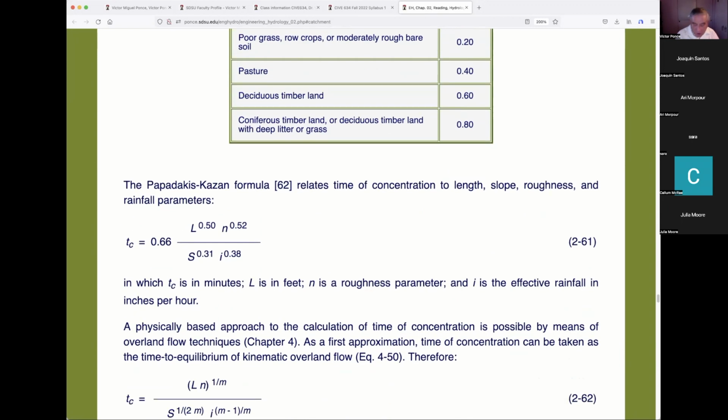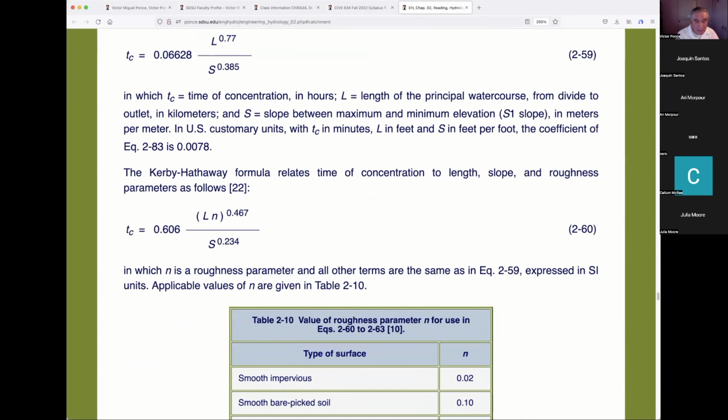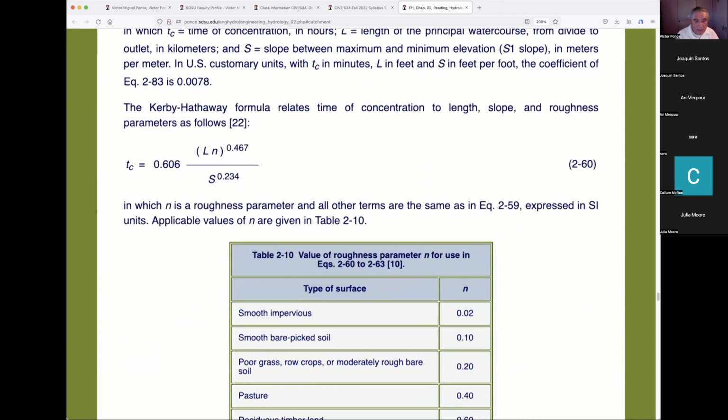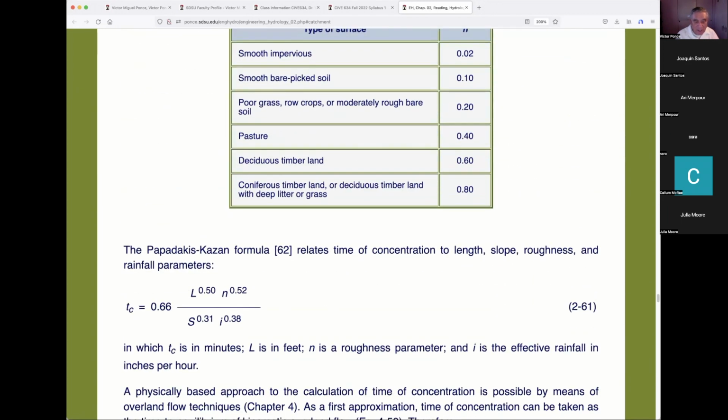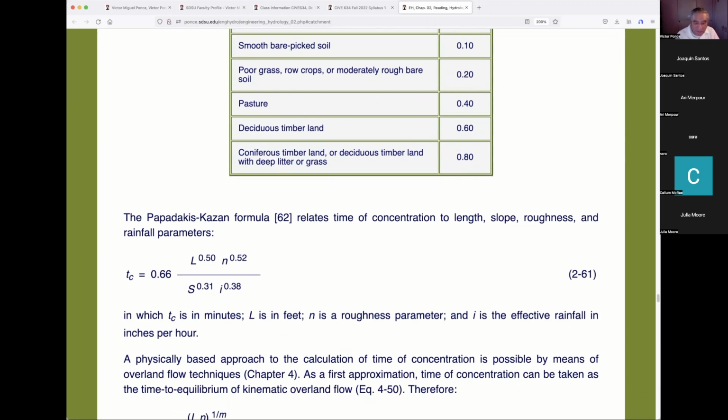Now, notice that the Papadakis Kazan is a little different than the Kirby-Hathaway because it has an I in the denominator, which is the way it should be. They still have a 0.66 in the front because there's one more piece of information in there that Papadakis Kazan did not put in there, presumably because they couldn't do it. I do realize that these things are difficult from a statistical standpoint.